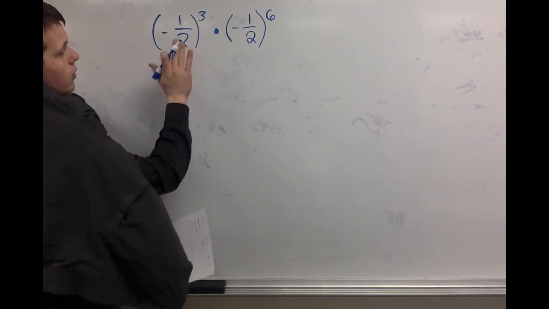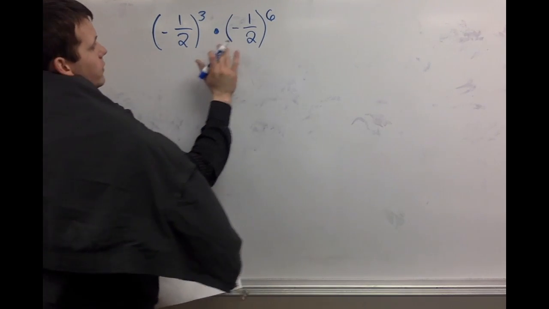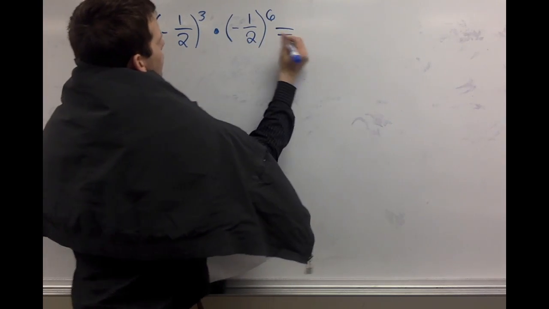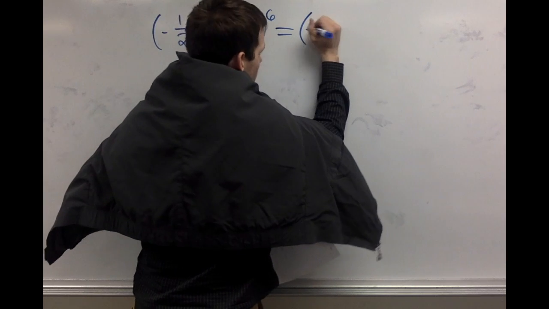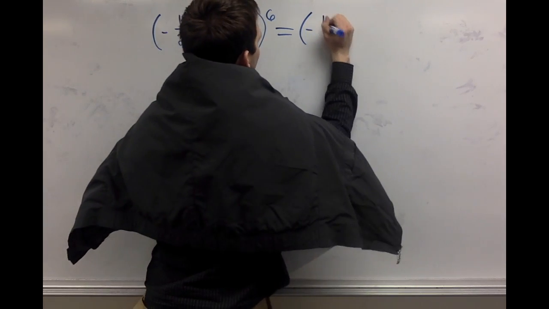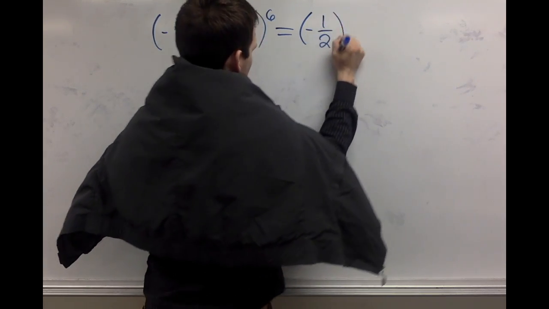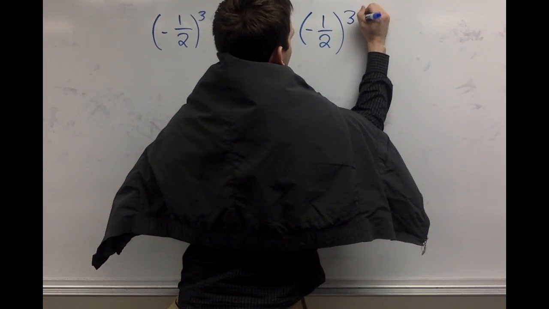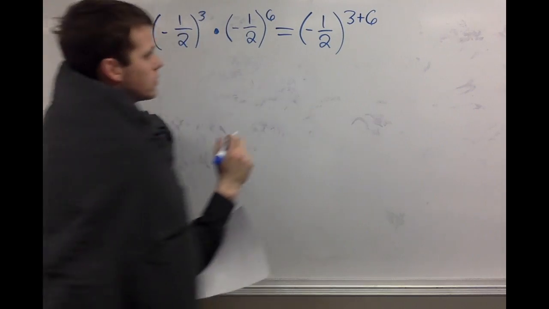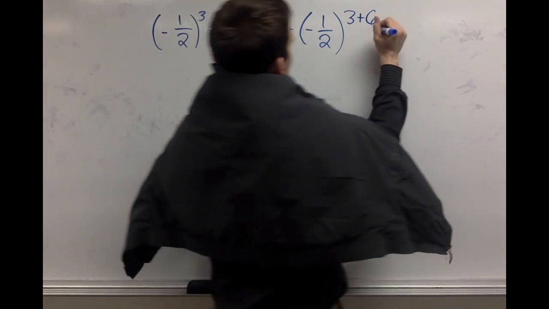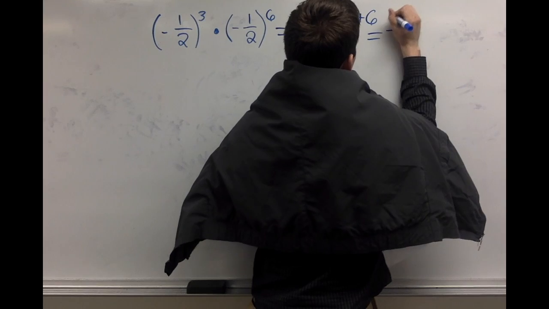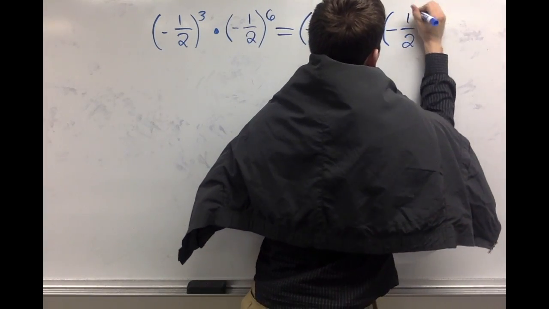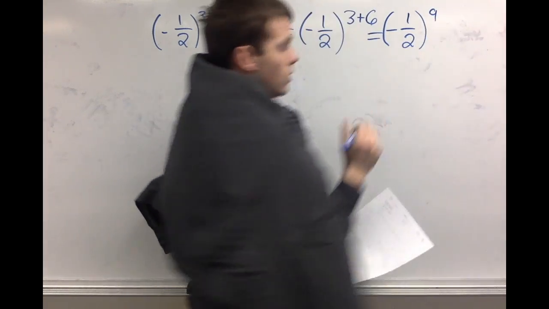So here, we simply go negative 1/2 to the 3 plus 6, which is then equal to a negative 1/2 to the 9th.